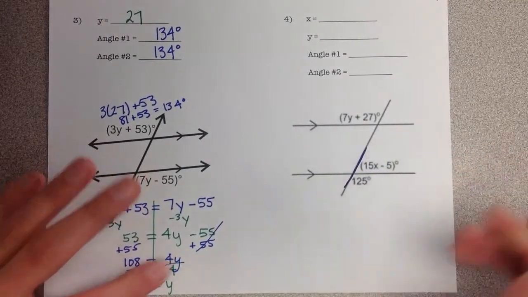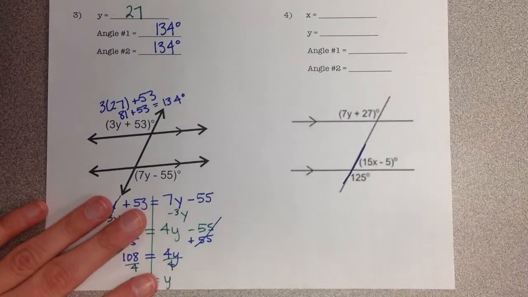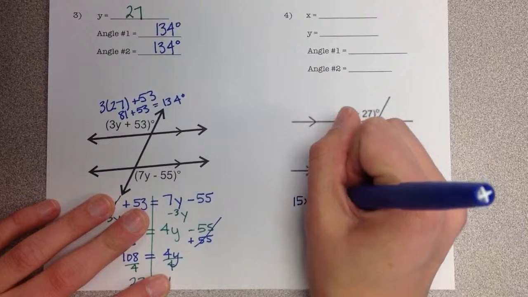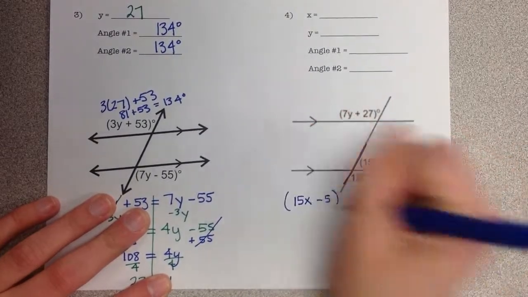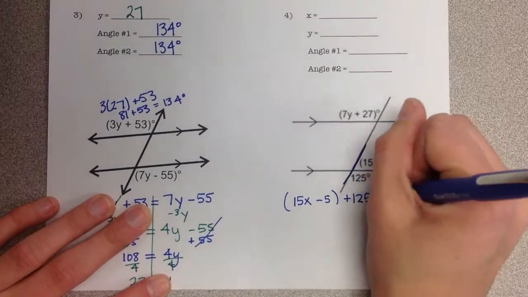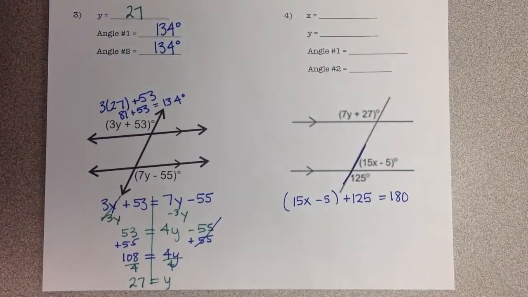These two angles make up that straight line, which means they should add up to 180 degrees. So I'm going to set up an equation. 15x minus 5 for our first angle plus our second angle, which is 125 degrees, should equal a total of 180. So I'm going to simplify.